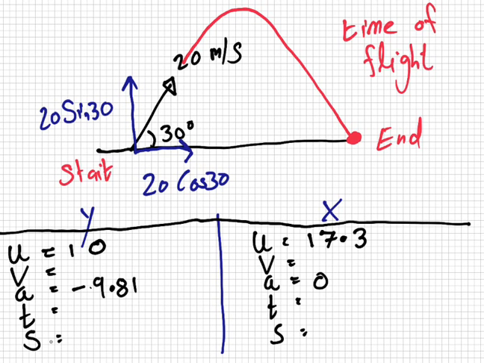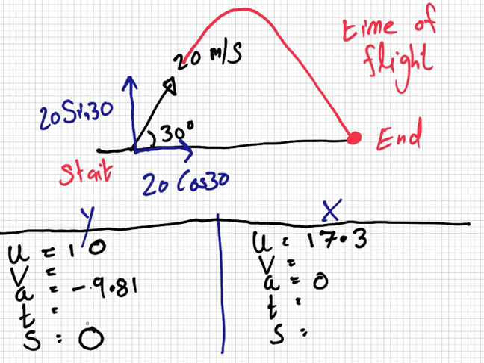Who can tell me what the S is vertically? How far has it displaced vertically? What's the S for the vertical? 0. Because if you think about it, the ball has gone up and back down, so the vertical displacement is 0.